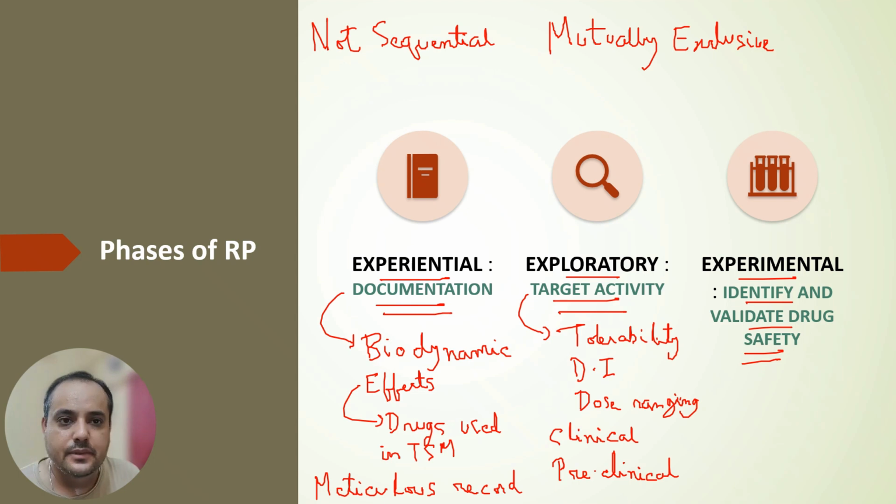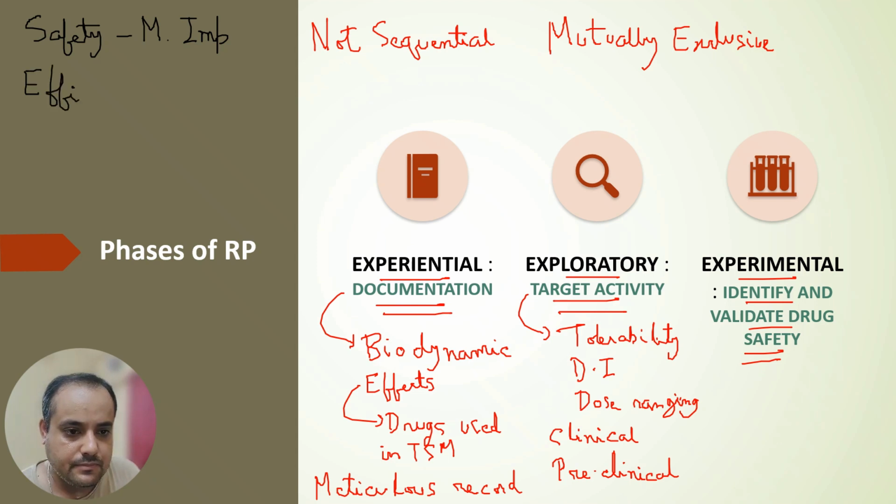And students, please remember that in case of reverse pharmacology, the safety of the drug is most important. The efficacy is for validation only, but safety is the most important component.